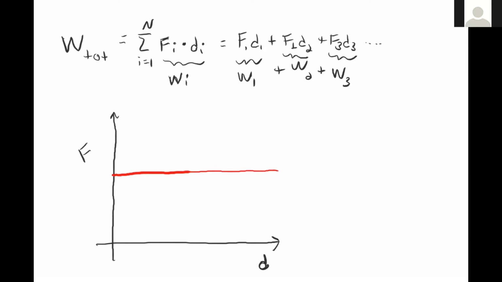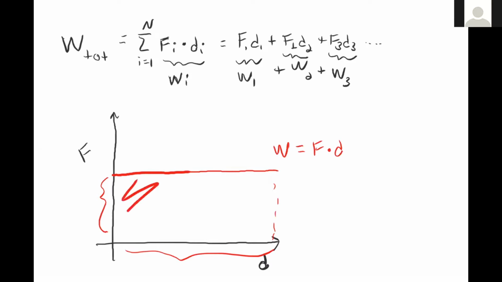And the work is our force times our distance, okay? The work done by this constant force is the force times the distance. Well, I've just drawn here a graph of a constant force being applied over some distance.